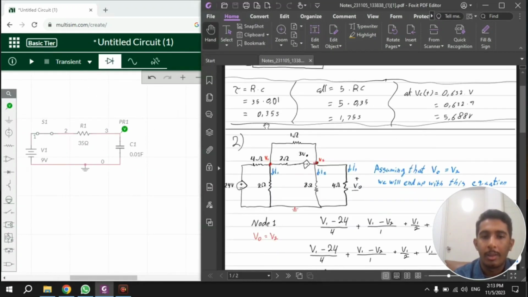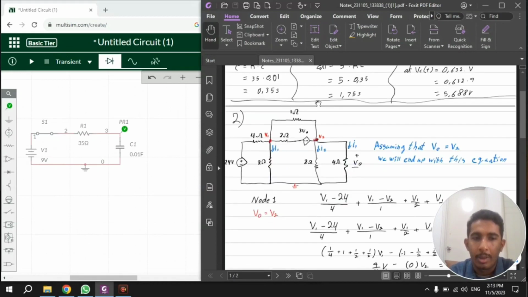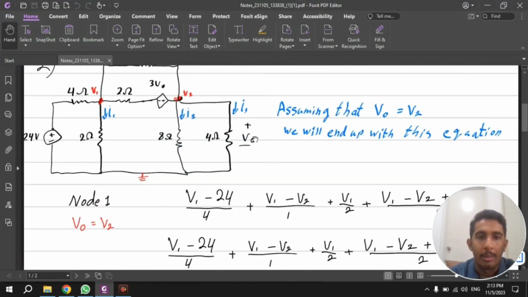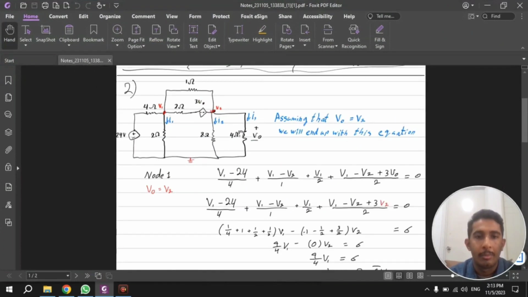Okay, for the next question, we're gonna have this circuit with the voltage source and an independent voltage source. I have assumed that V0 from the voltage source is equal to V2, the voltage in here, because it's going from here to here, and the voltage in parallel is the same.